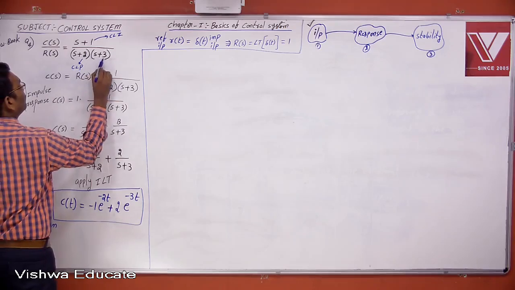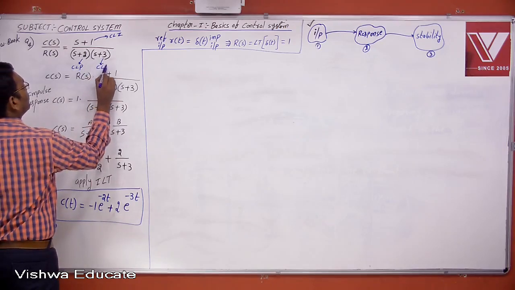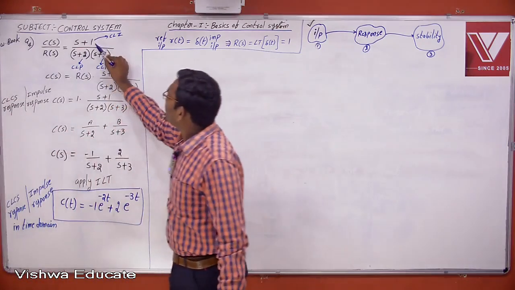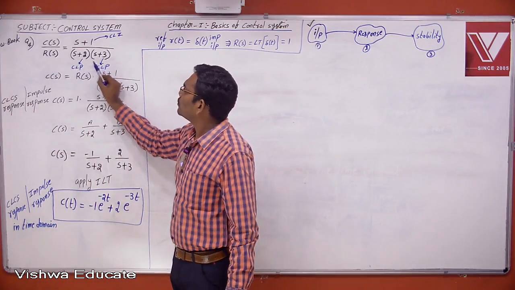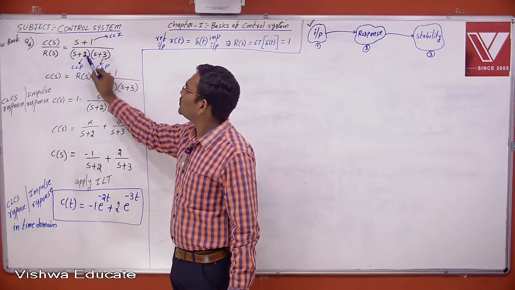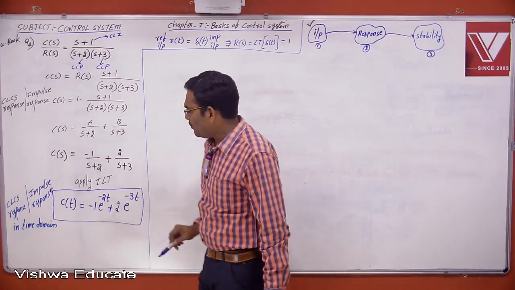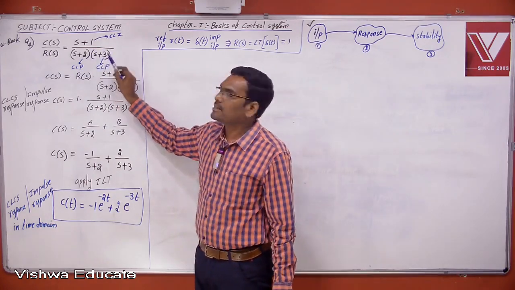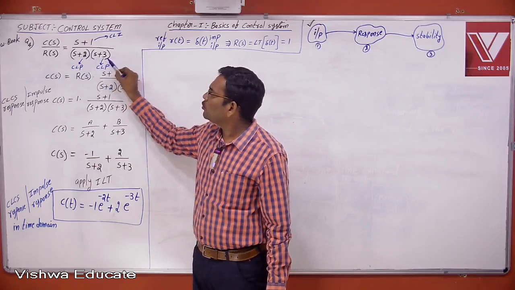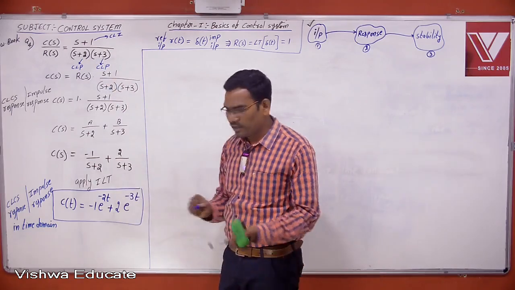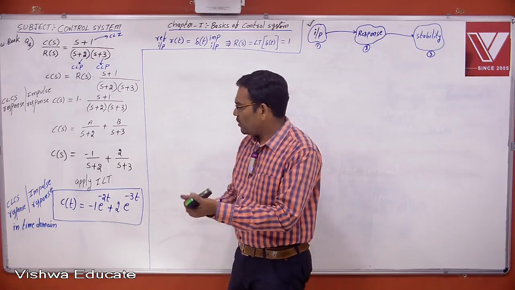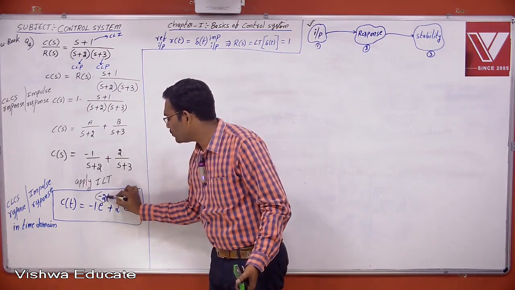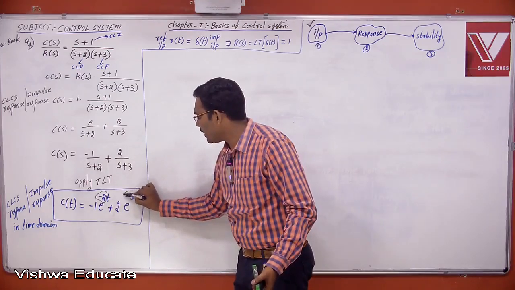This is a closed loop pole and this is a closed loop pole. But what happened here? The system consists of one zero and two closed loop poles, whereas the system response consists of what? The response consists of only minus 2 and only minus 3.